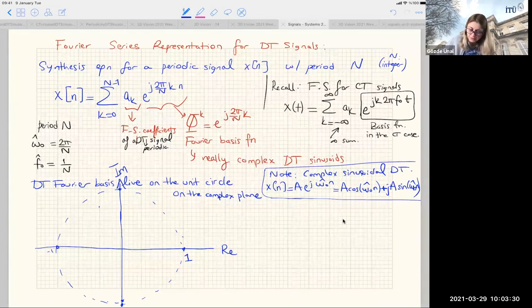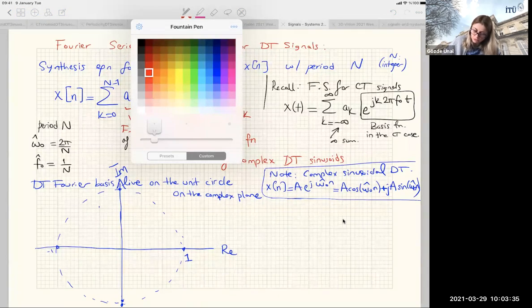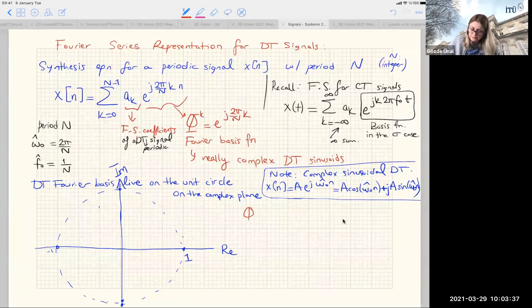So now I want to look at these Fourier bases. For instance, phi 0 is really 1, right? This guy is phi 0.